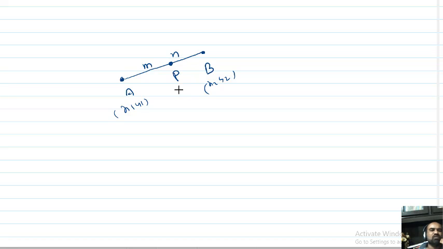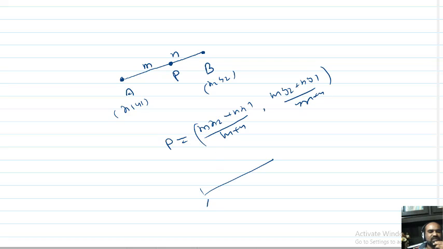You know how to find the coordinates of P by using the internal division concept: P equal to mx2 plus nx1 by m plus n comma my2 plus ny1 by m plus n.